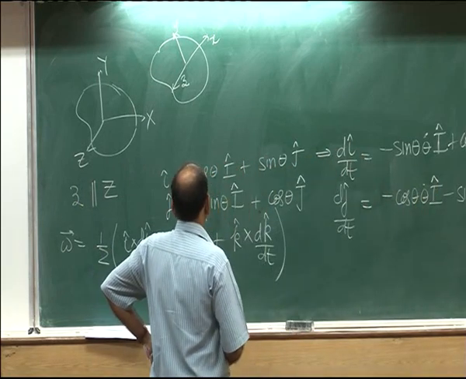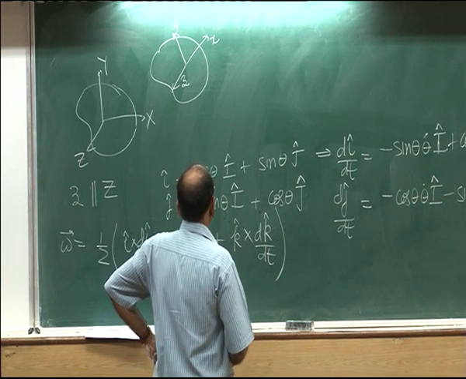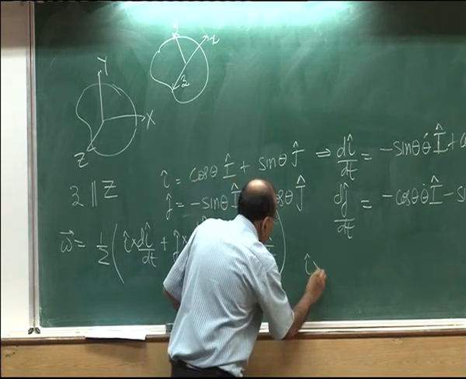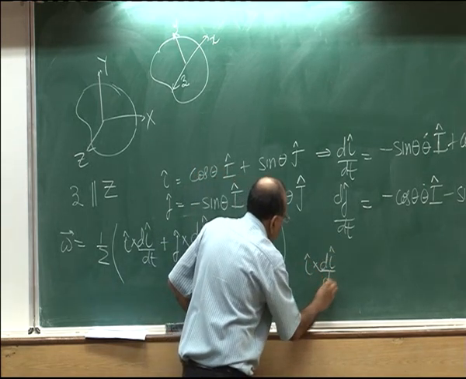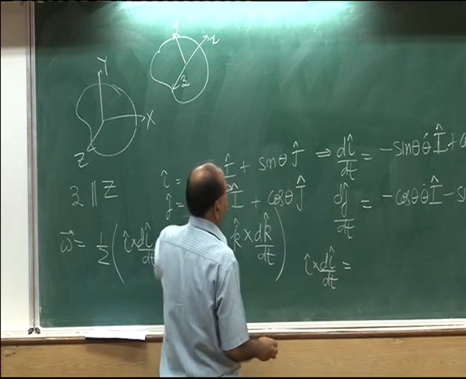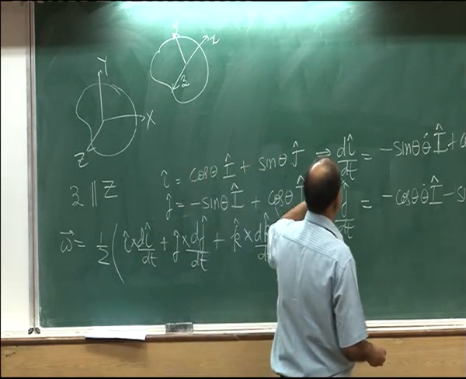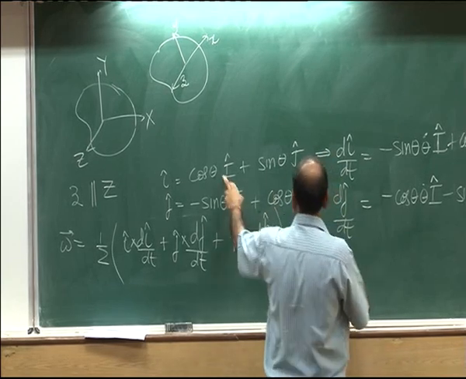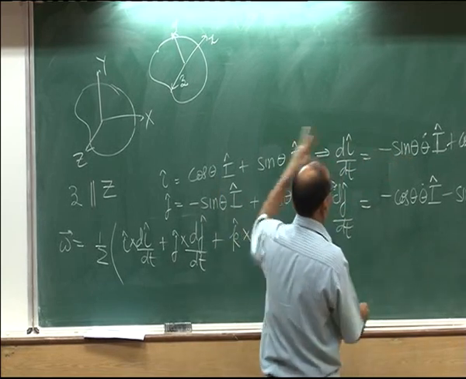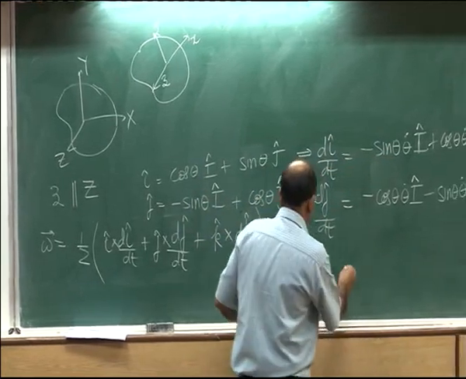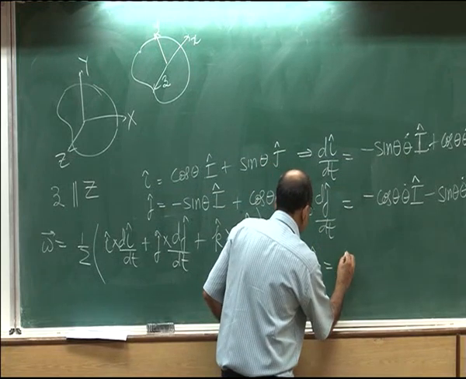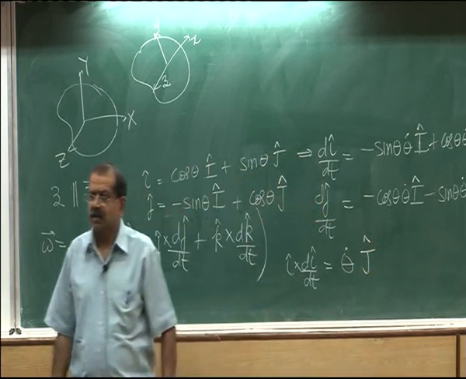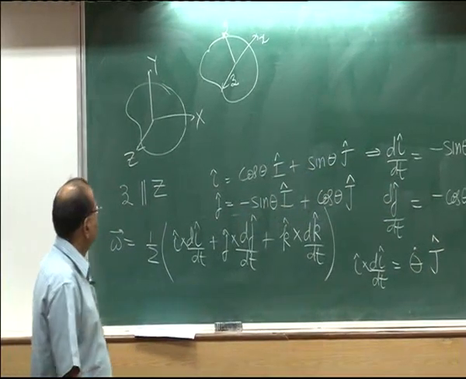एक मिनट को मैंने कुछ गलती की है क्या? Okay, so when I take i cross di by dt, I will get, small i cross di by dt will be i cross i will give me 0. I will get i cross di by dt will give me theta dot j. Is that right? Theta dot k.